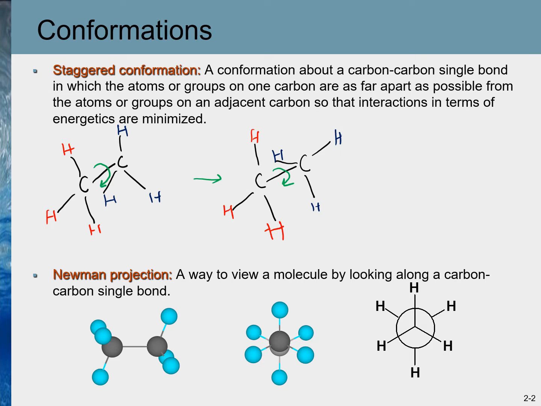If it continues further, there is no limit by how much degree it can rotate because it's a free rotation. So let's imagine it rotates more, and then eventually it adopts a conformation where the hydrogen is exactly opposite to the other one. I'm not going to draw the other hydrogens.